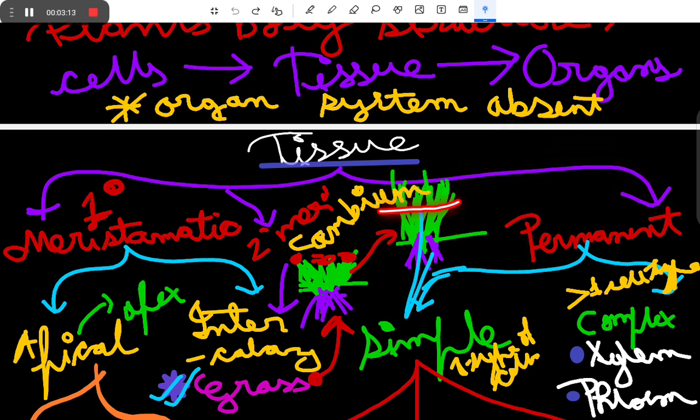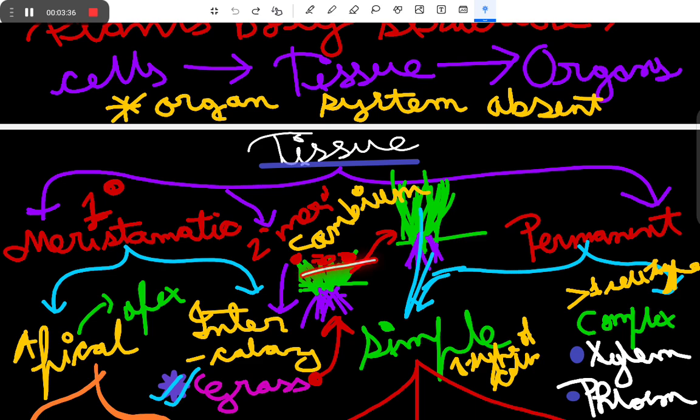Will the grass not grow above this level? Yes, obviously it will. But I told you that apical meristem is present at the tops, right? No, in grass, within the grass plant, it is found at various levels. Hence it will be intercalary meristem over here.